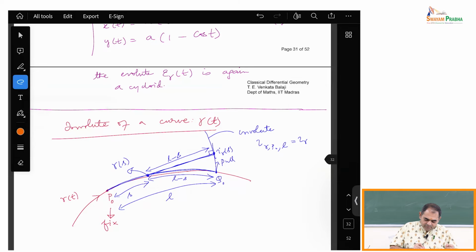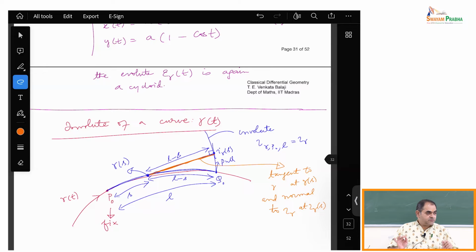You see, this segment, this orange segment, which has been pulled out, is actually tangent to gamma at gamma of S, and normal to I gamma at I gamma of S. And so once you believe this, then you can see something.